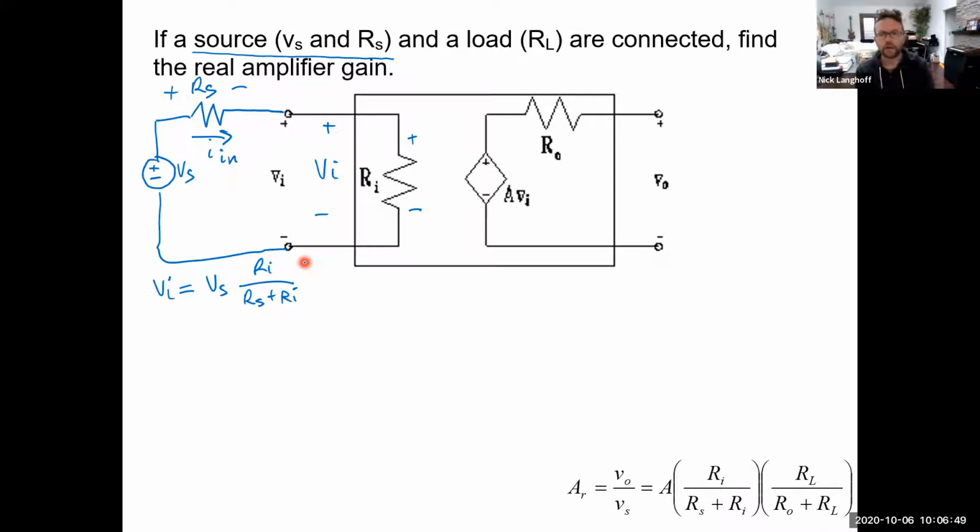So the input resistance of the amplifier loads down the source a little bit. We'll talk about how much amplifiers load down sources and ways to minimize that loading.